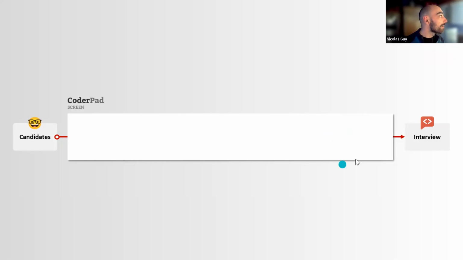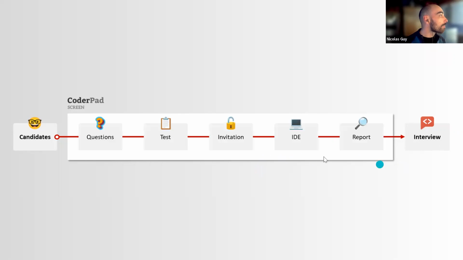So there are some key components to the product. These are being displayed here. At its very core, Screen gives you access to an extensive question bank that you can use and leverage to create and customize technical tests. Once you have built those tests, you will be able to send invitations to the candidates.